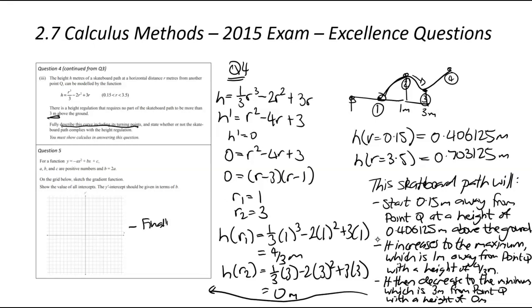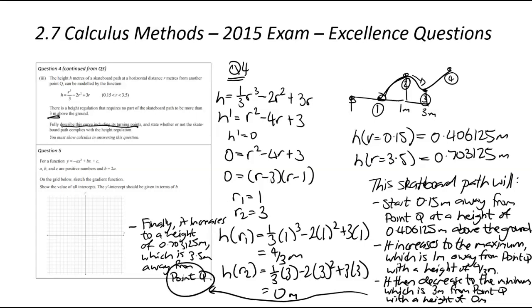Finally, it increases to a height of 0.703125 meters, which is 3.5 meters away from point Q. There we go.